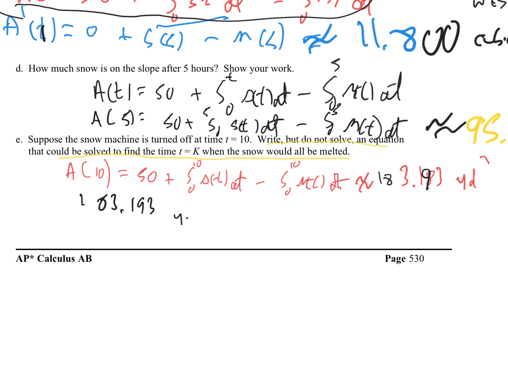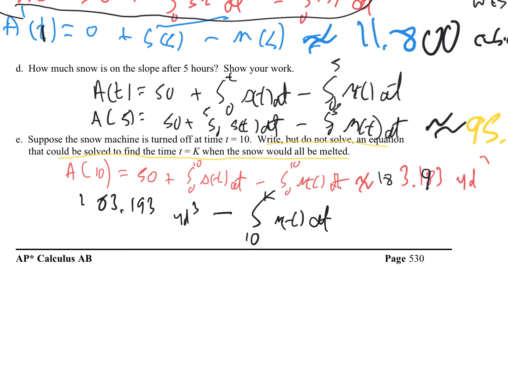So I'm going to start out with 183.193 cubic yards, and I'm going to subtract the melting snow. I know it's melting from 10 to K. K is the time that I don't know.